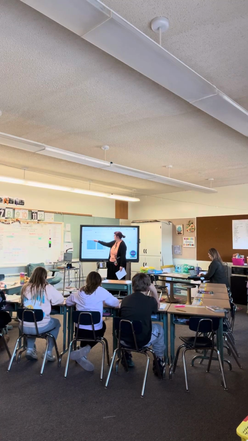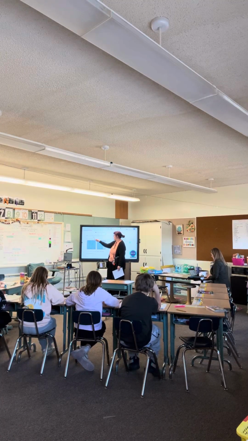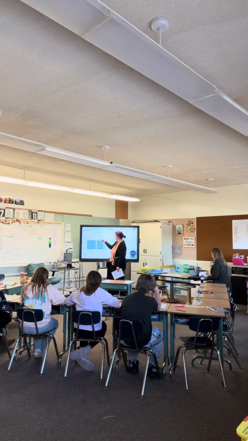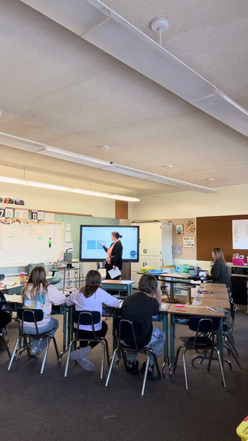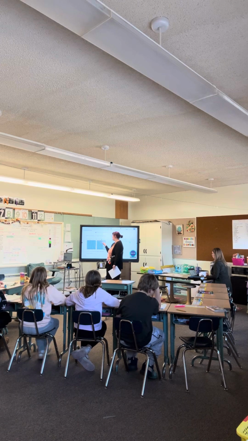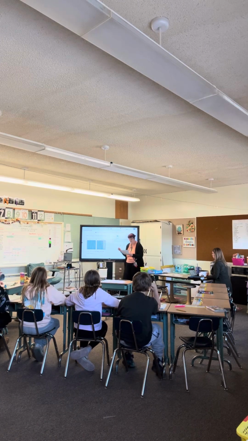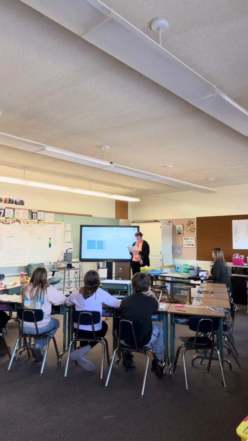Ready? Each large square in the diagrams represents number 1. This diagram represents 1 and 7/10. Do we see that? Okay.